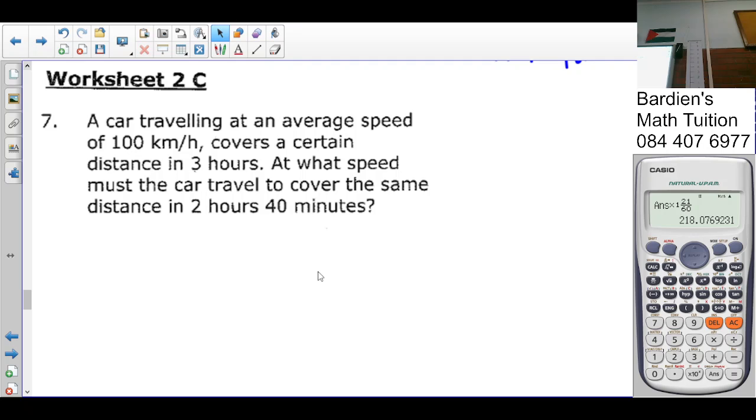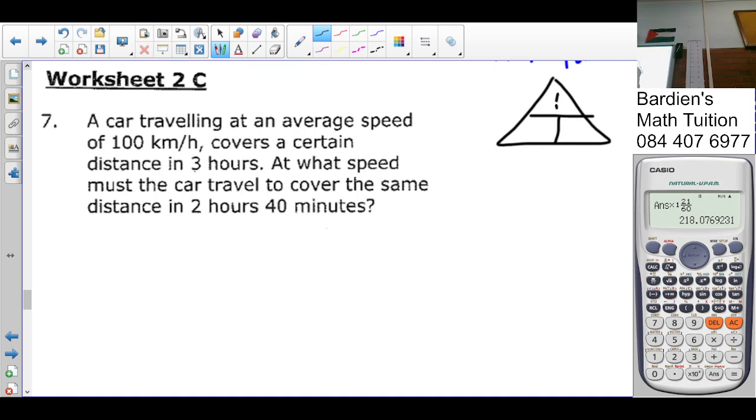A car traveling at an average speed of 100 kilometers per hour covers a certain distance in 3 hours. Again, speed, distance, time triangle. So D on top, S and T. So you got the speed, you got the time.